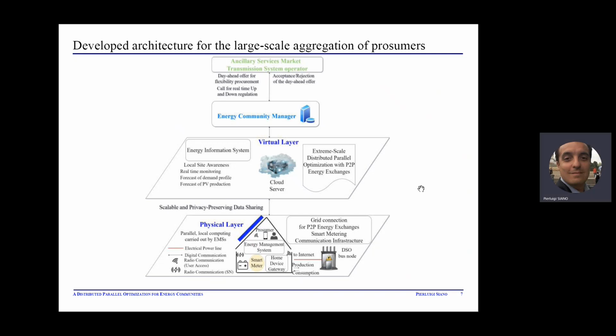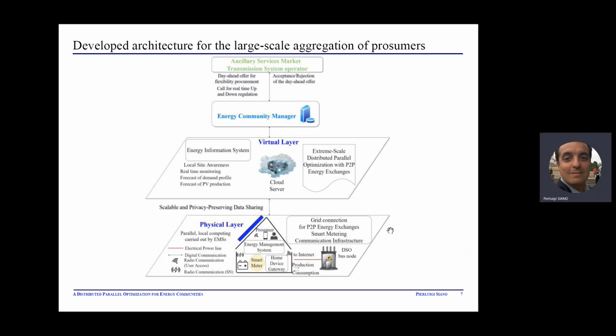The considered large-scale aggregation of prosumers can be managed by using this layered architecture, shown in this figure, where each energy management system can perform a local optimization. The layered architecture consists of a physical layer and a virtual layer that is essentially a virtual platform that all prosumers can access.